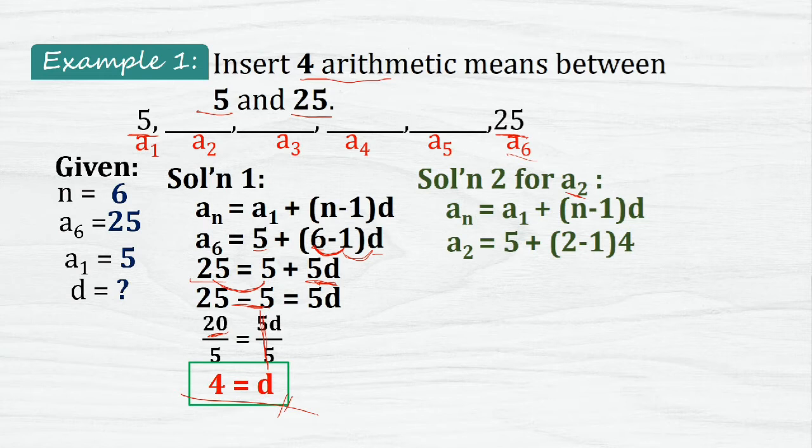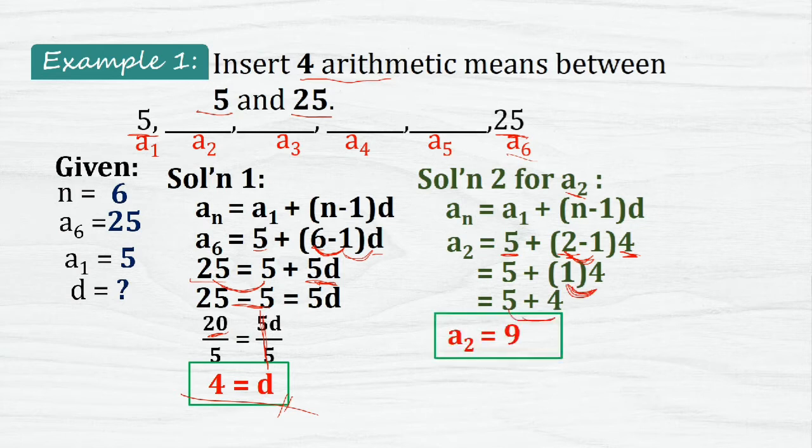So a sub 2 equals, substitute the first term, which is 5, n is 2 minus 1, our common difference is 4. Then simplify. 2 minus 1 is 1, 1 times 4 is 4, 5 plus 4 is 9. Therefore, the second term or a sub 2 is 9.